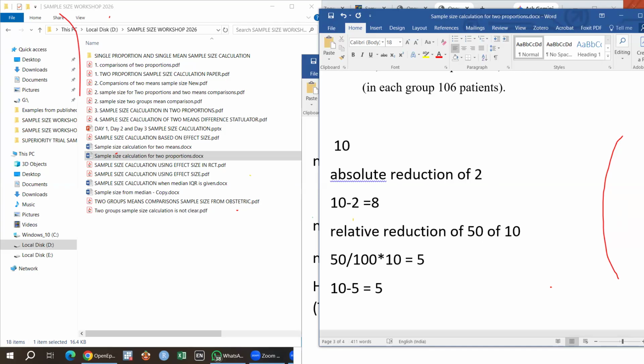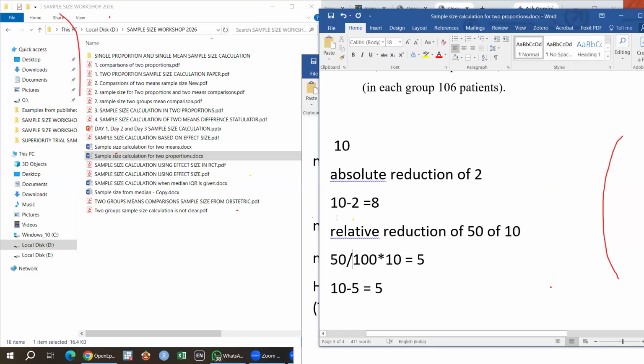So we have to think that it is a percentage of 10, 50% of 10. So 50 by 100 into 10. We have to use percentage for relative reduction, not absolute values.